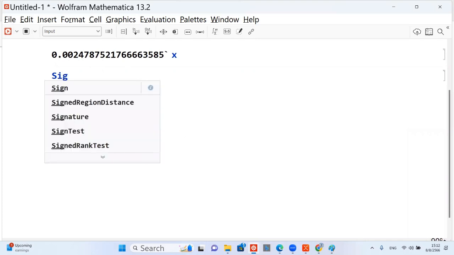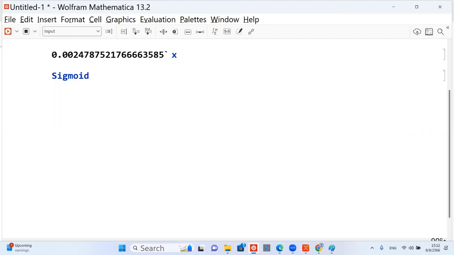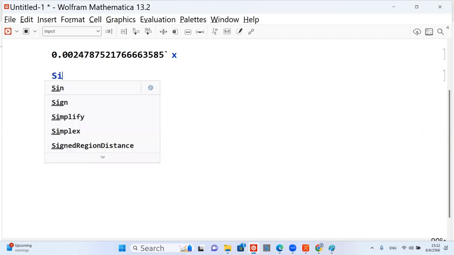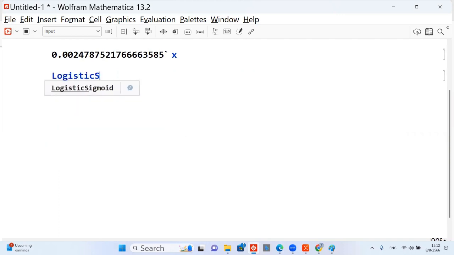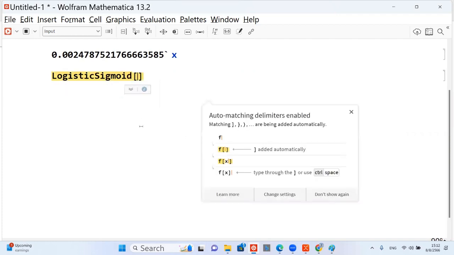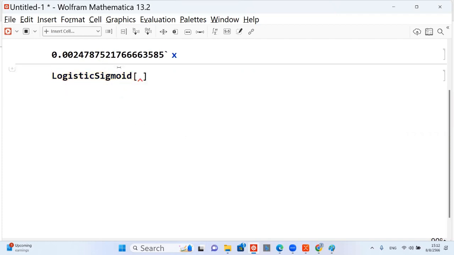It's called the sigmoid function, the logistic sigmoid. Now, for this function, let's say I have all the a1 x1, a2 x2, a3 x3. I call it the summation. I already summed it.